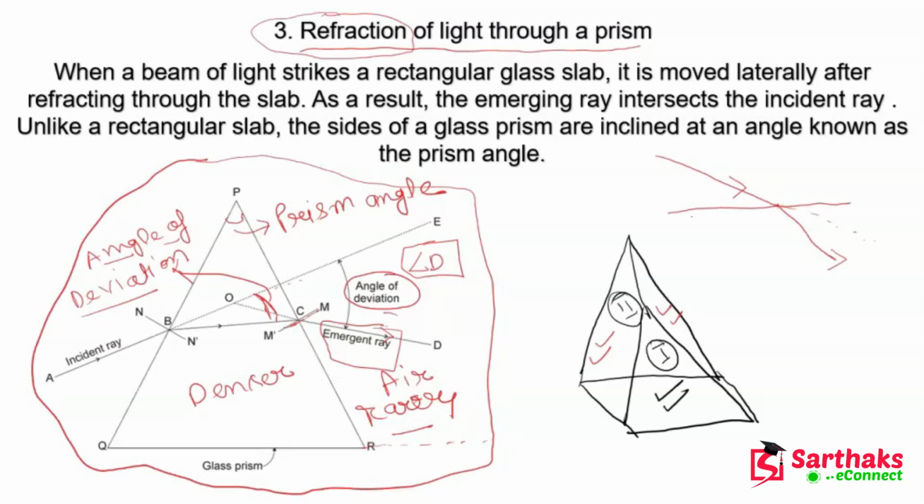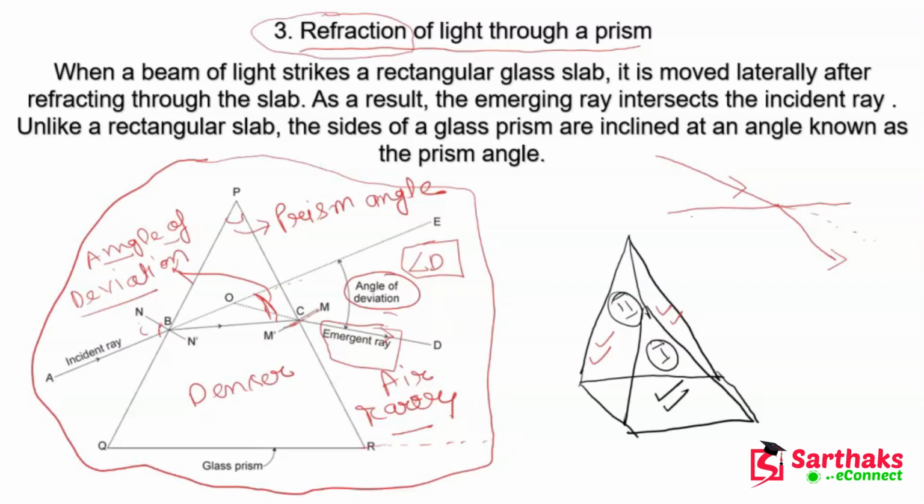Let me again draw some other angles. This is the angle of deviation, and this angle is known as the angle of incidence. This I is the angle of incidence. We know from the light chapter that the angle made by the normal and the incident ray is known as the angle of incidence.